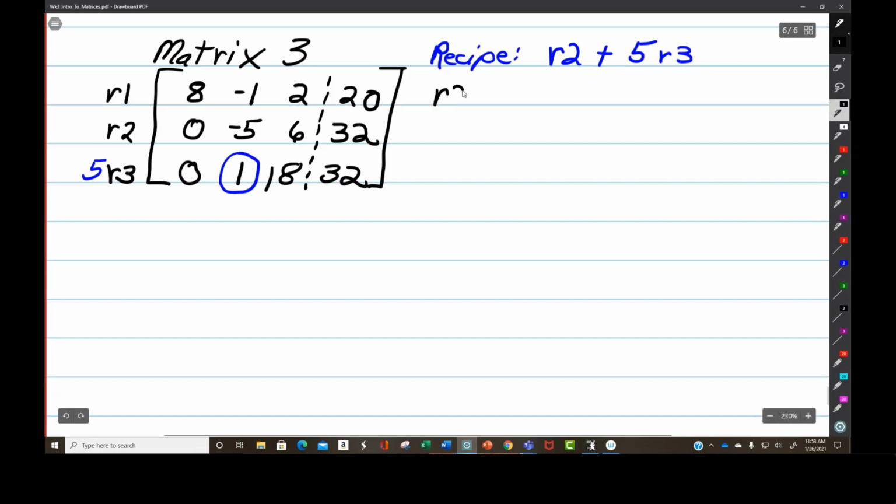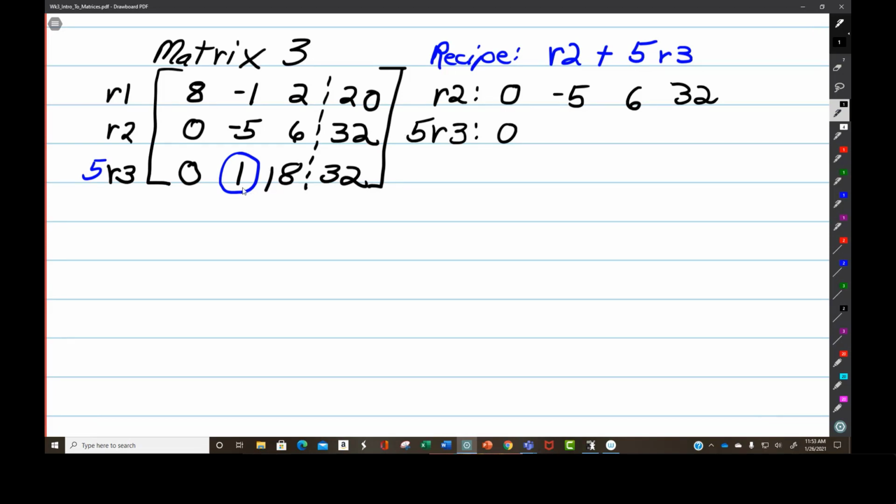So row 2 is 0, negative 5, 6, and 32. And 5 times row 3 is 0, 5 times 1 is 5, 5 times 18 is 90, and 5 times 32 is 160.